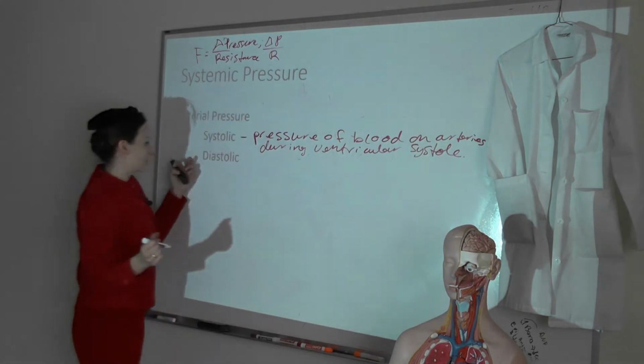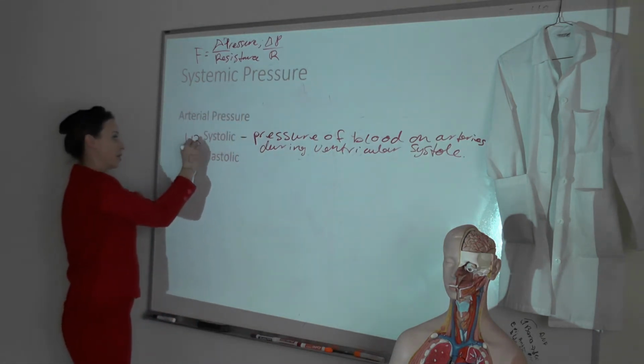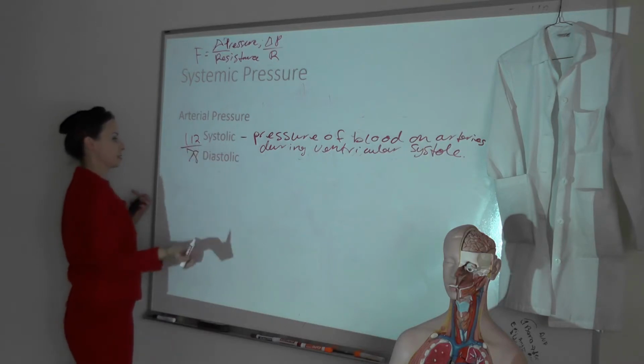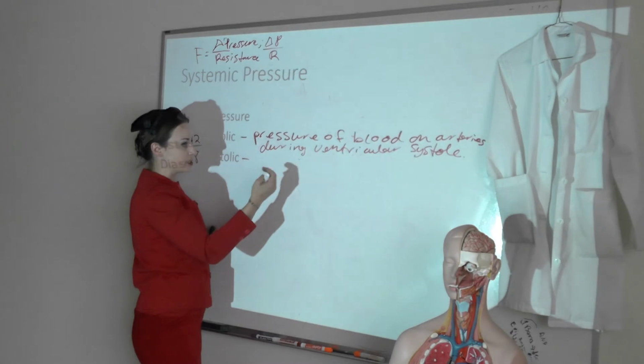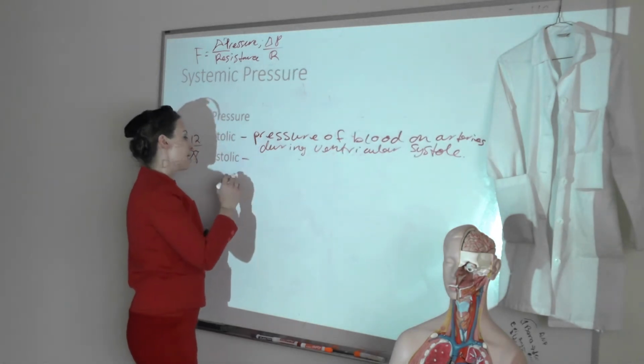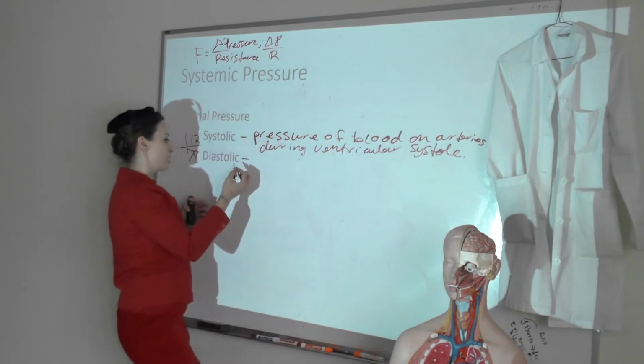And this is the higher of the two numbers. You've probably heard your blood pressure, you know, oh, I'm 112 over 78. That diastolic is the pressure of the blood on your arteries during ventricular diastole, and that can give you a measure of the elasticity or health of the arteries.